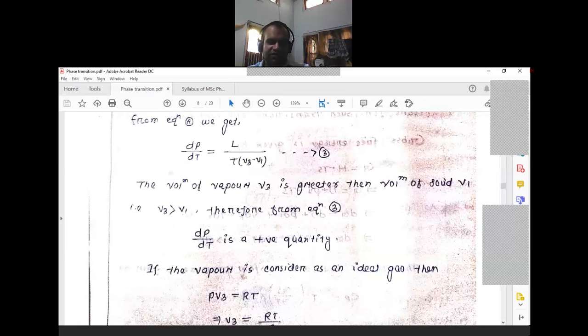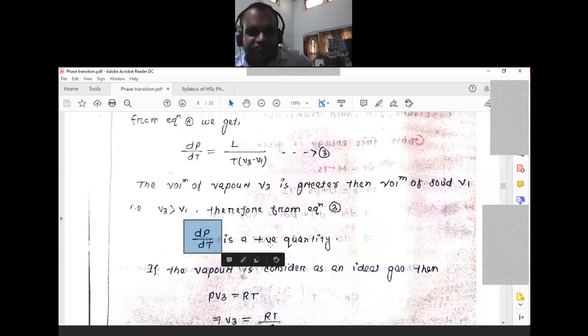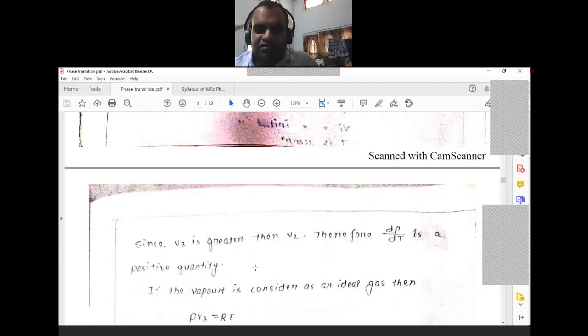So how can we write the Clausius-Clapeyron equation? dp over dt is equal to L divided by T (V3 minus V1).